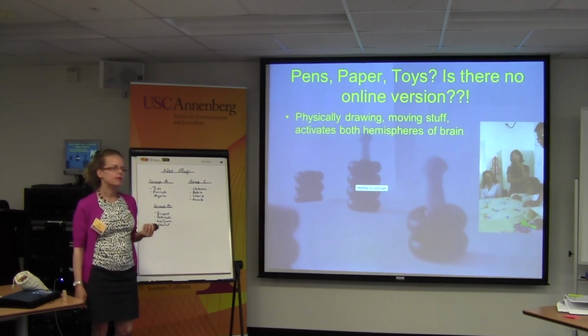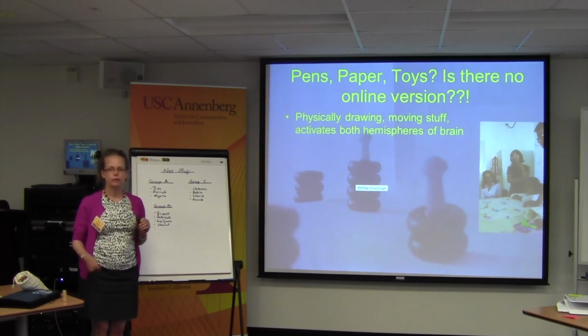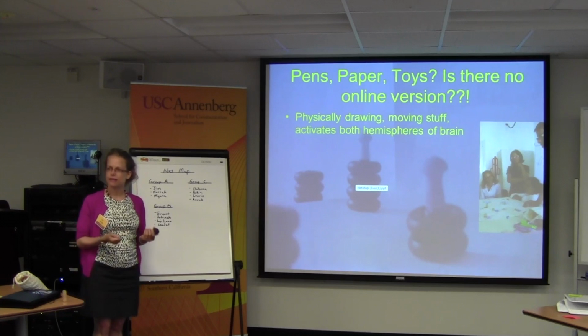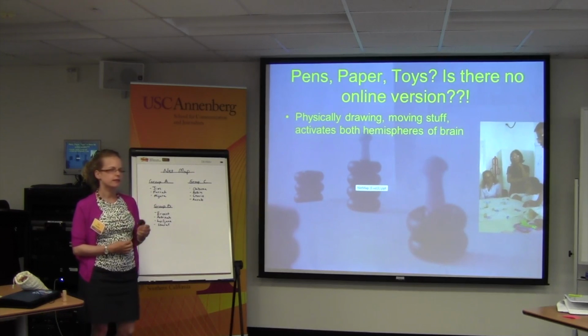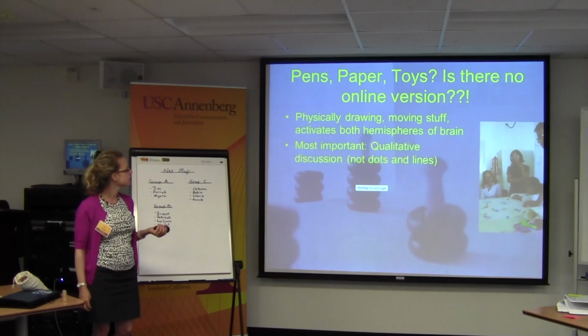But the most important thing is that there's been a lot of research showing that if you physically manipulate real things in space, if you draw and move stuff around, you engage the whole brain, your emotional and your rational side. And if you click things on a computer, it's mainly your rational brain that's involved, and the problems that we're looking at are so complex that half your brain is just not enough.